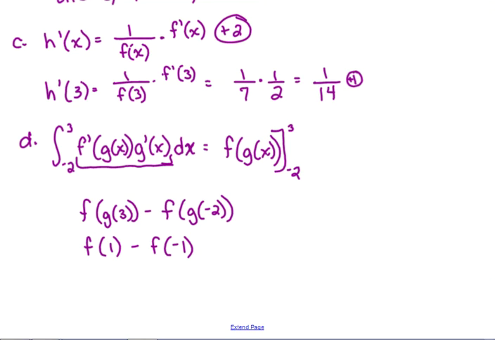F of 1 is 2, and f of -1 is 8. So our final answer is -6. So they give you 2 points for recognizing the fundamental theorem of calculus here. And 1 point for your final answer.